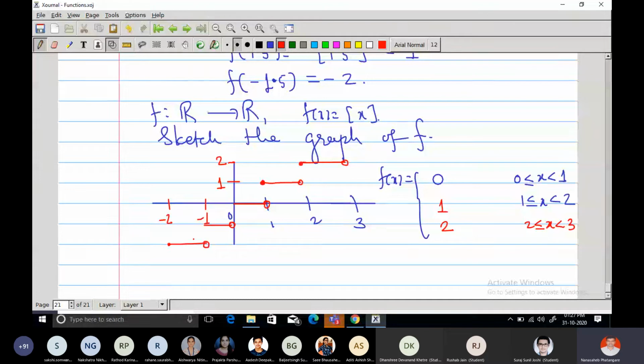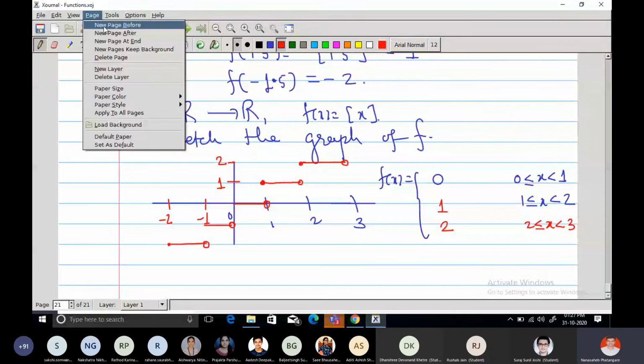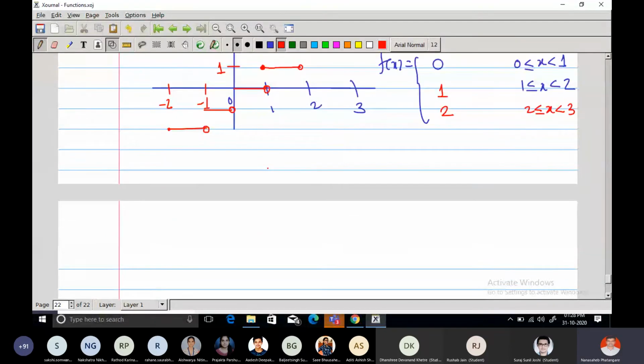Fine. Okay, so this is clear. Now you try to sketch the graph of another function.